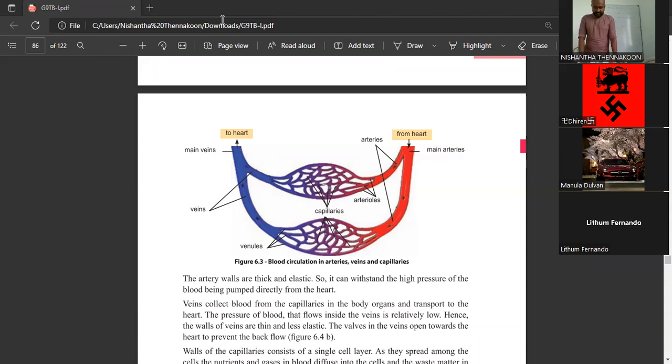Now we are going to compare the three types of blood vessels. So you prepare a table with 3 columns: arteries, veins, and capillaries.